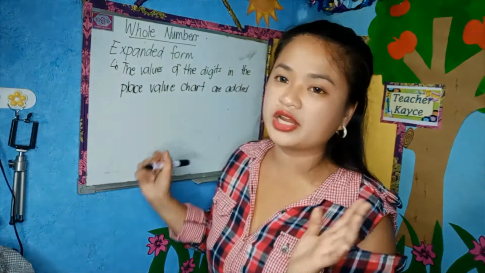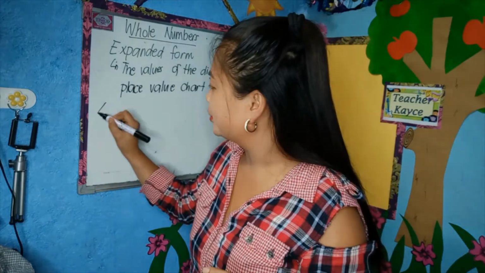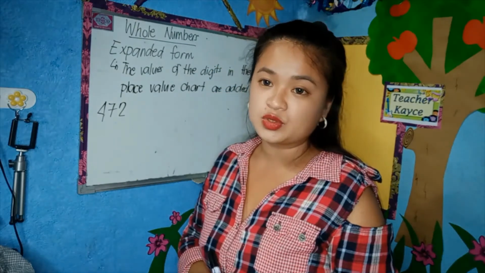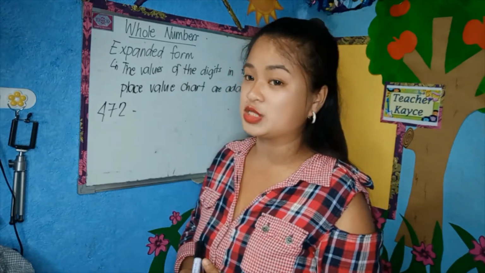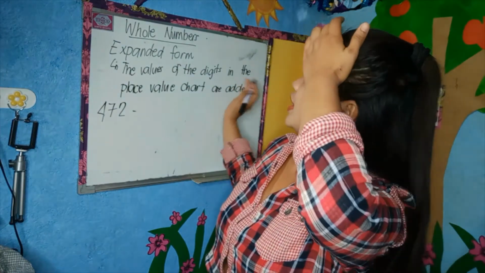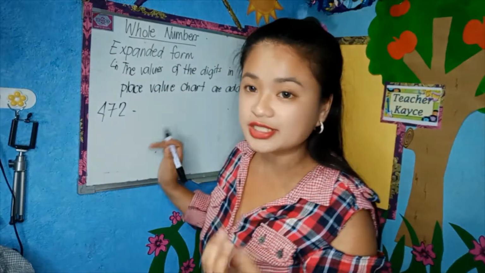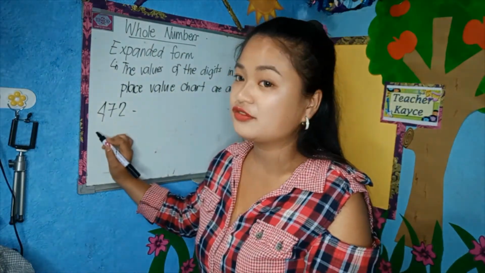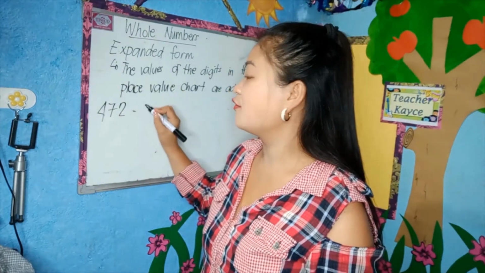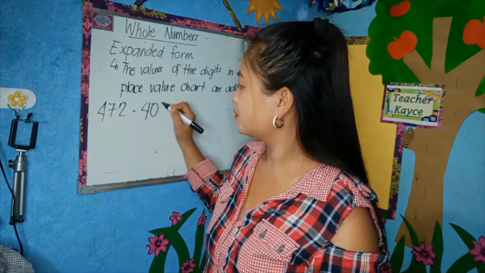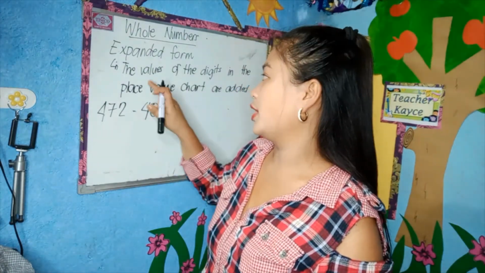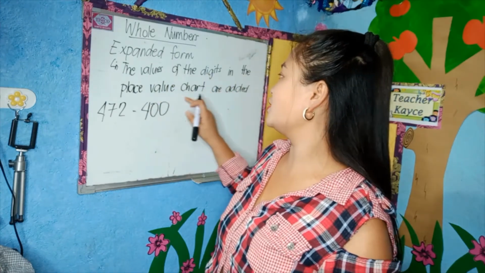A while ago, our whole number was 472. So let's proceed to its expanded form. Again, the values of the digits in the place value chart are added.